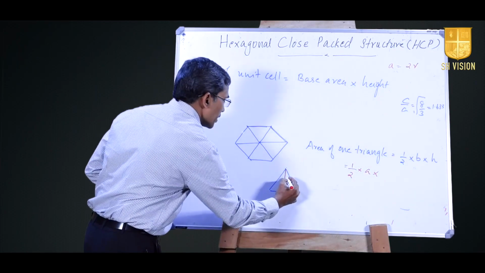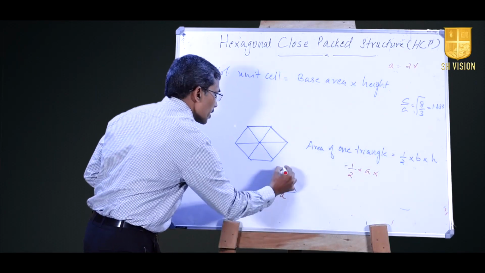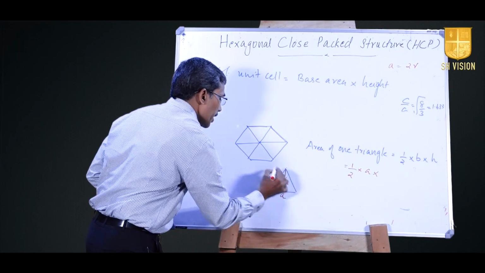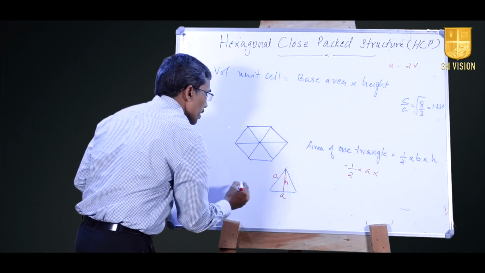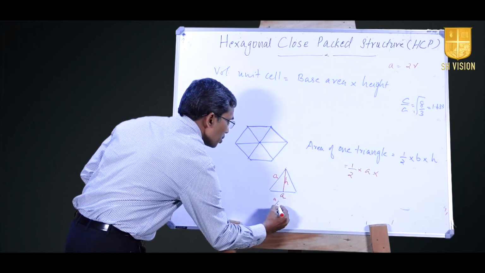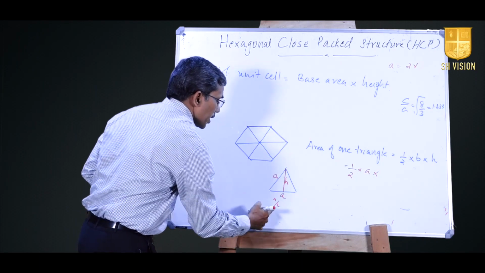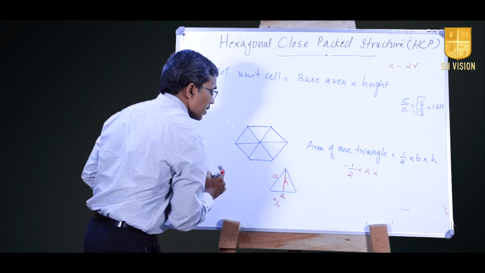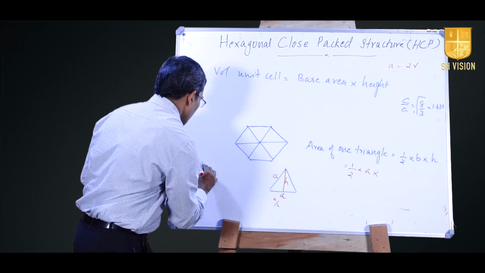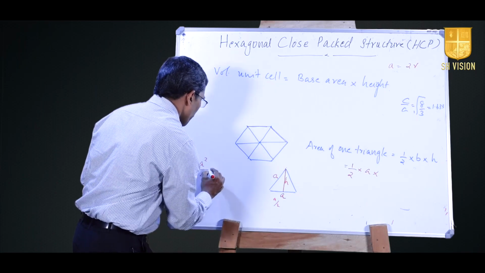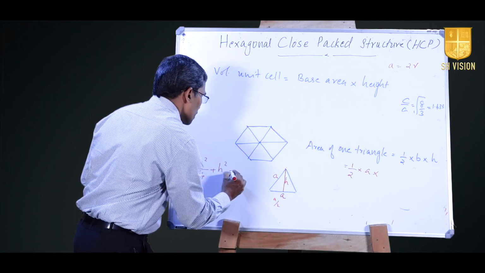To find height h, we use this right angle triangle. This is also a, therefore this distance is a by 2. So a by 2, h, and the triangle. Therefore, we can write a square by 4 plus h square is equal to a square.